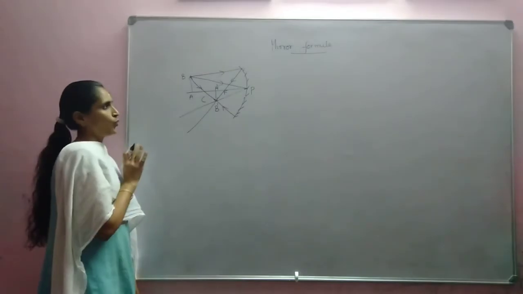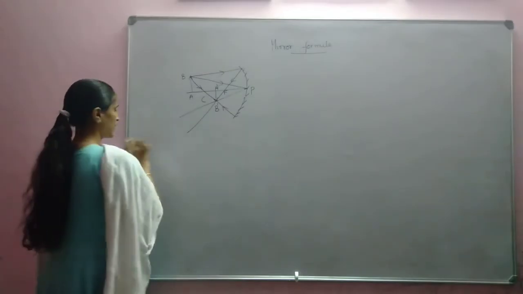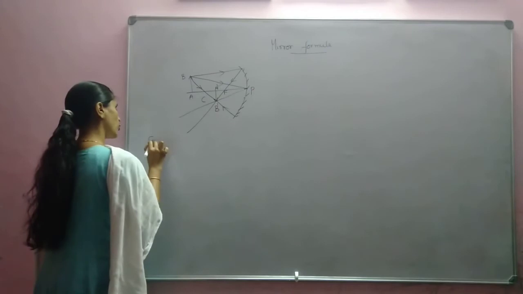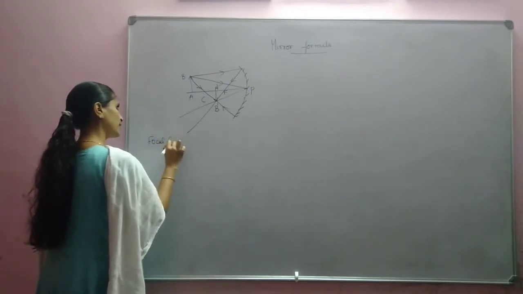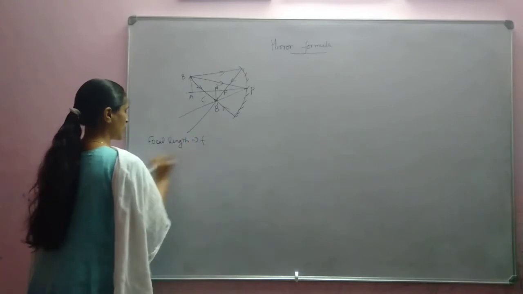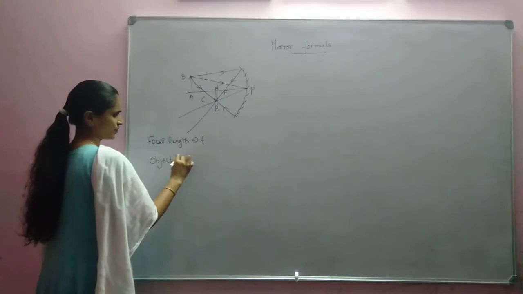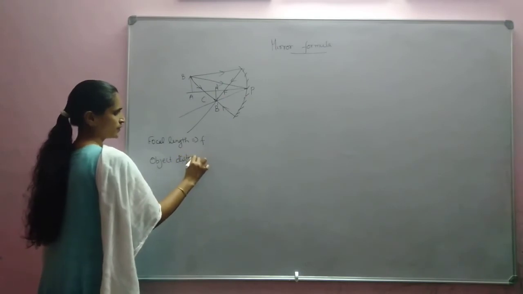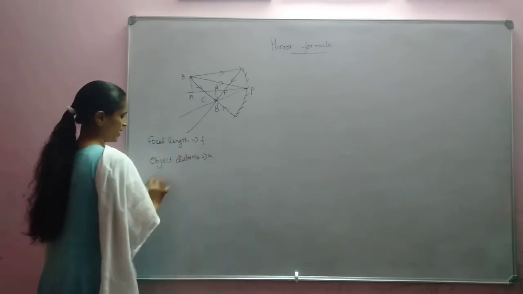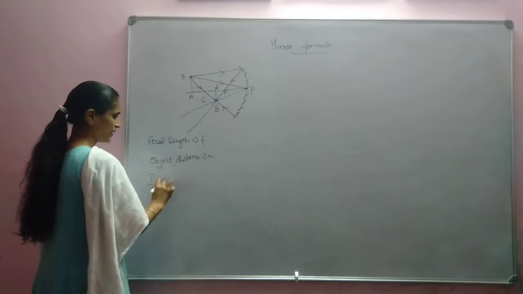Now we can write, let the focal length be F, the object distance U, and the image distance by the letter V.